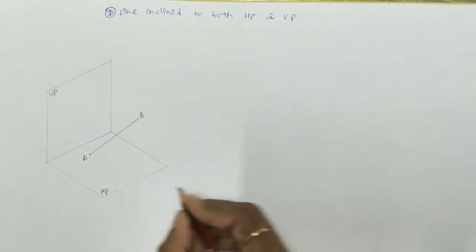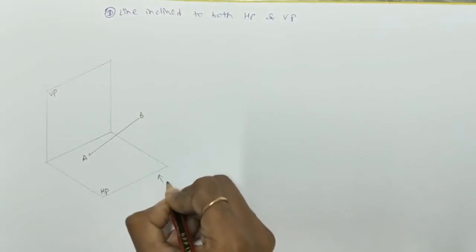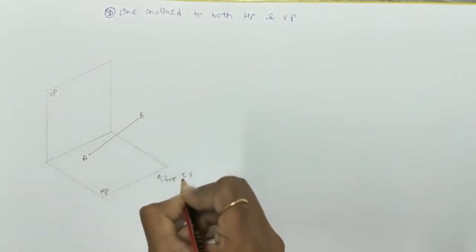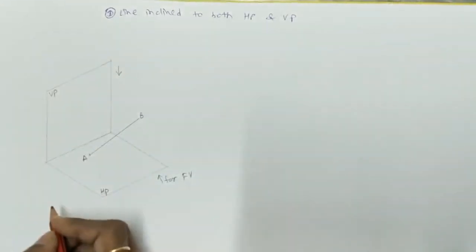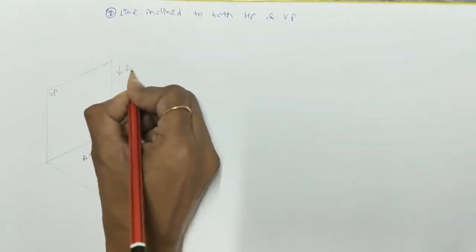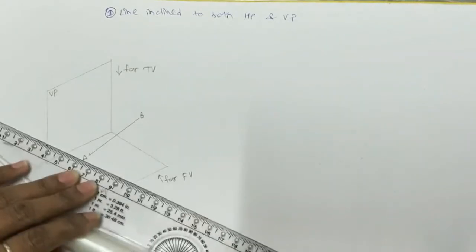For the front view, we will see from here, so this is the direction for the front view. And for the top view, we will see from the top, so this is the direction for the top view. First, I will draw the front view.